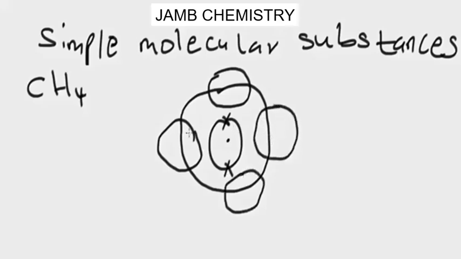So they are sharing pairs of electrons. Alright, so this will be the first pair, this will be the second pair, this will be the third pair, this will be the fourth pair. Alright, so this is the nucleus. You can decide to label this your hydrogen atom.